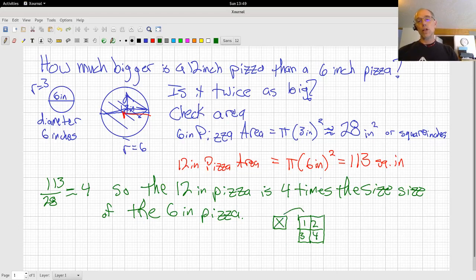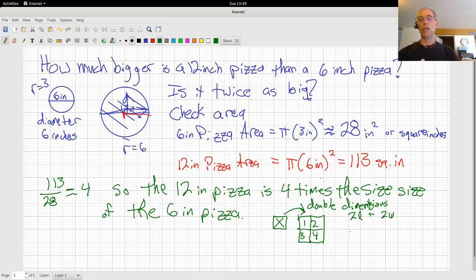So if you double the dimensions, and in this case, we're doubling the length, so we're taking 2 times the length, and we're taking 2 times the width.